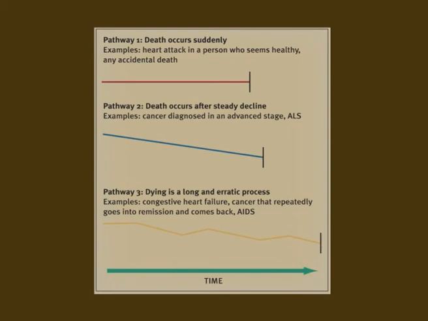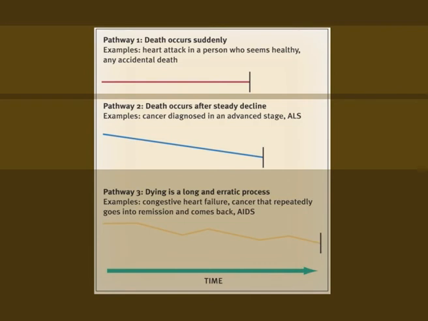In this figure you can see that the first dying trajectory indicates people dying without any warning, that is sudden death, in the top line which is straight, and this graph indicates sudden death. Coming to the second type, you have this blue line going downwards, which indicates that the patient is suffering from a chronic disease and there is a slow decline till the point of death.